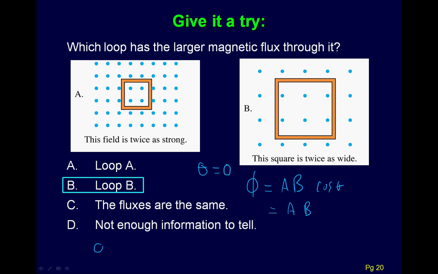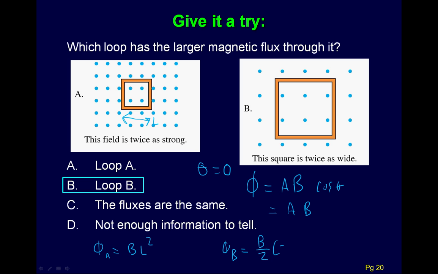In case A, I'm going to call the B field B, and the length of this side L. So B times L squared would be the flux. In the second case, the B field is half as strong, so it would be B divided by 2.